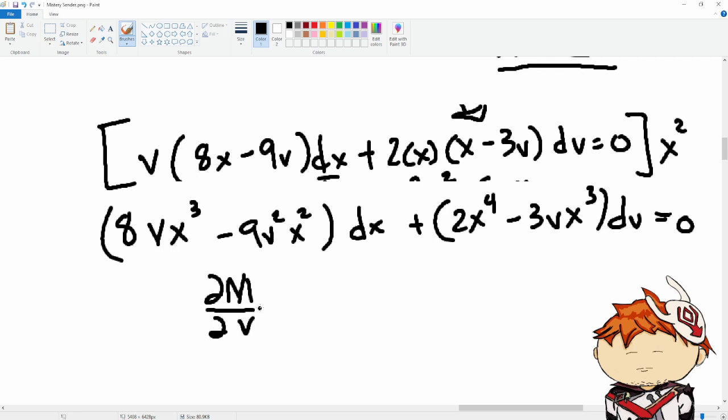So this will become 8x cubed minus 18 vx squared, right?